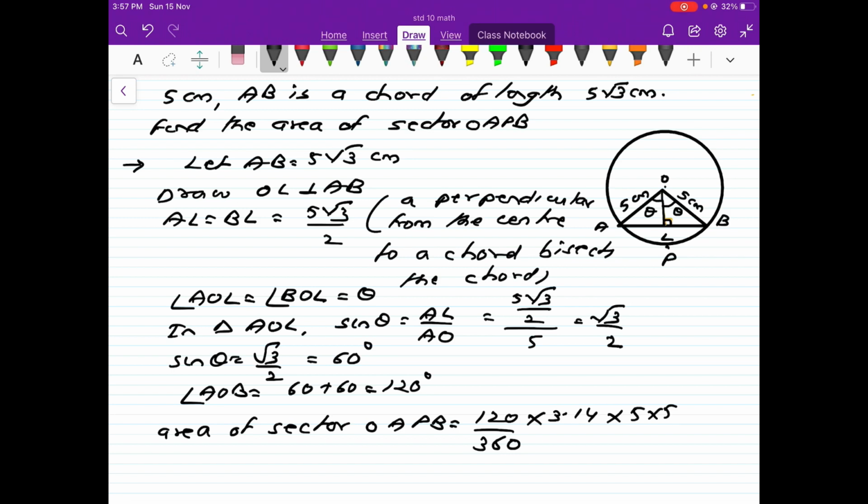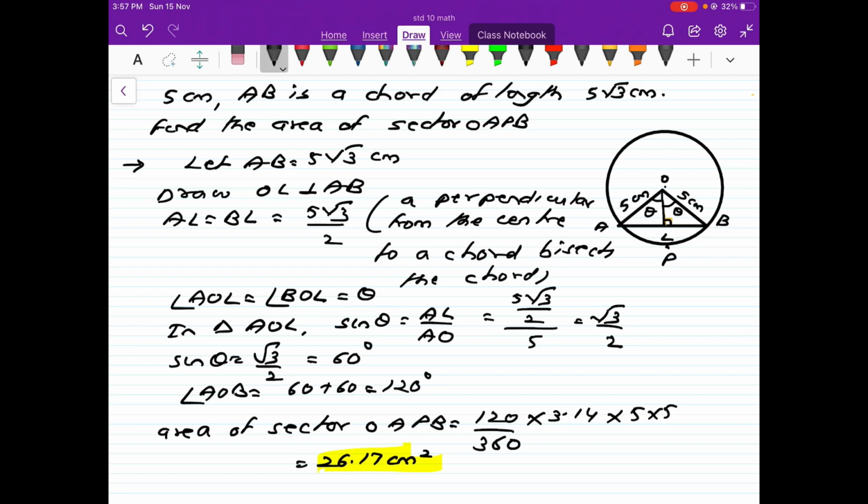So we are getting 26.17 centimeter square. So this is the required area. Even though the angle was not given, we used a little logic and could easily get it. So this was the 10th sum.